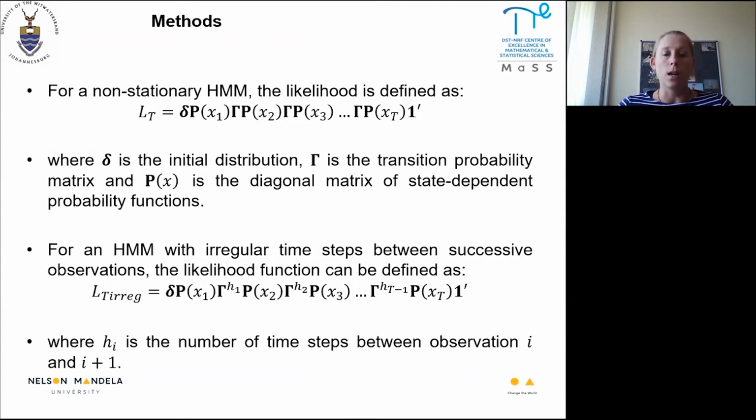So if there was only, say, a 1 hour time step, you would just have your transition matrix by itself. If you had a 2 hour gap, you would multiply that matrix by itself once, so it would essentially be gamma squared that you would be using.